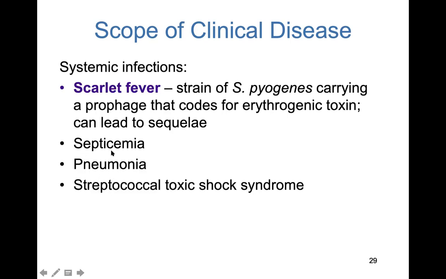It can lead to septicemia, which we said before was reproduction in the bloodstream. Pneumonia, all right? I said before, people generally don't get these out of the blue. You don't wake up with pneumonia unless you've got something else going on in most cases.